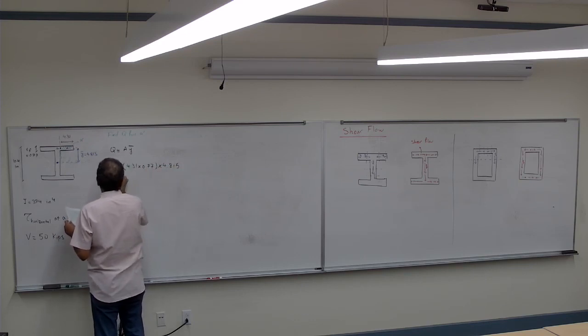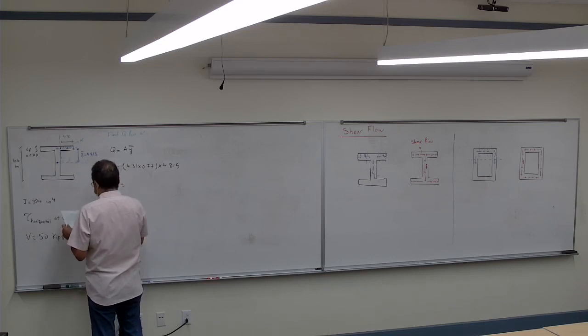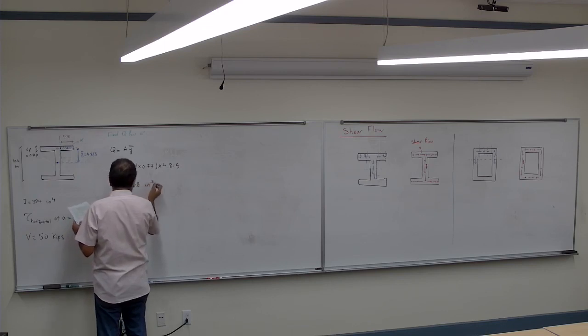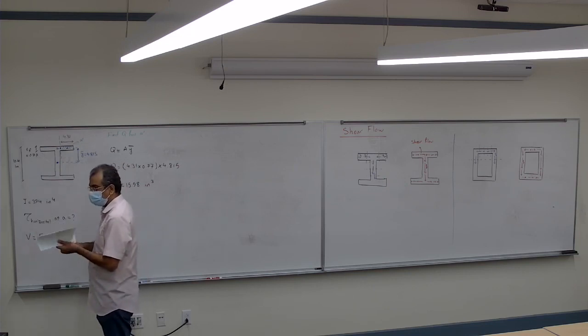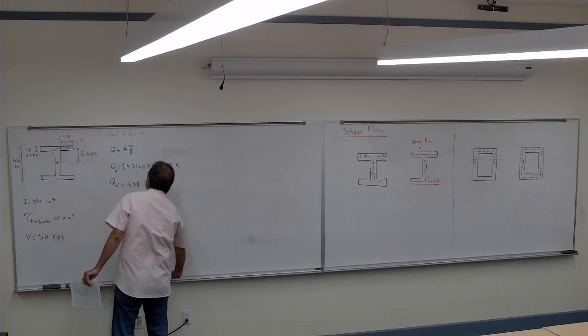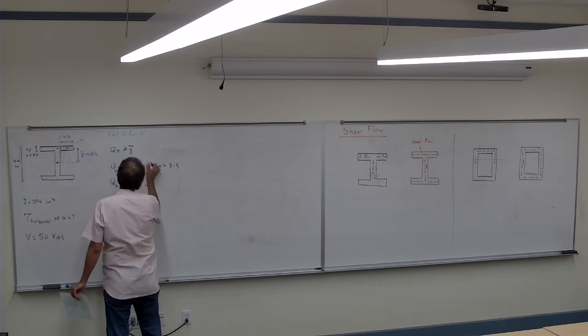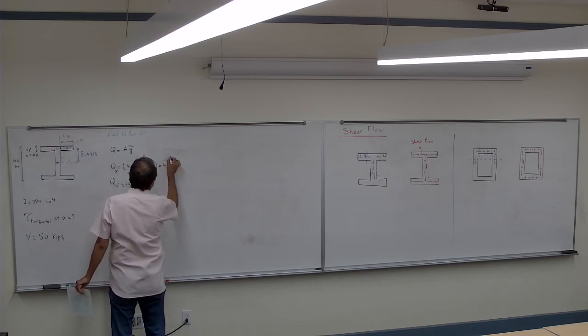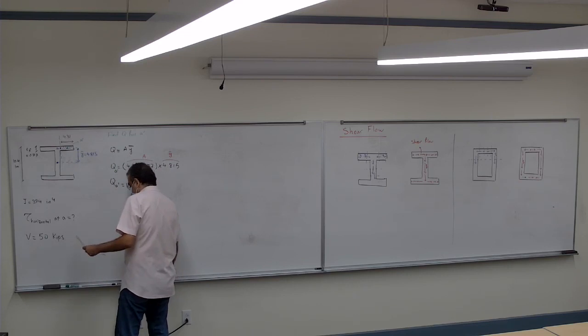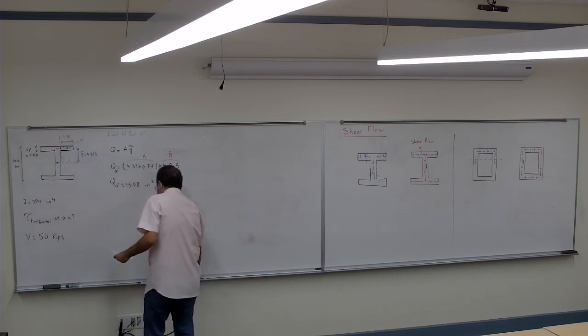So the Q for that A prime would be 15.98 inch cubed. So that's the area, that's the y bar. Now that I have found the Q, I can go ahead and find it.